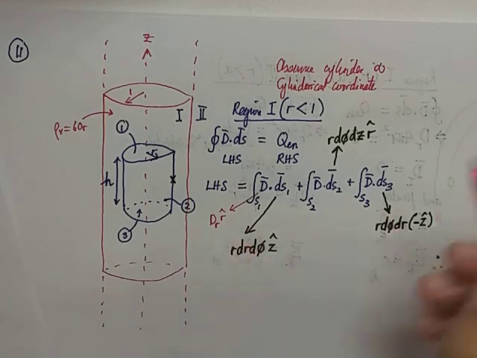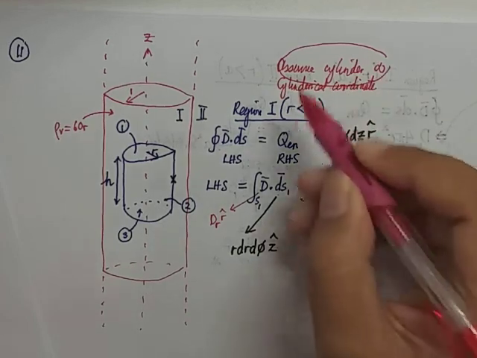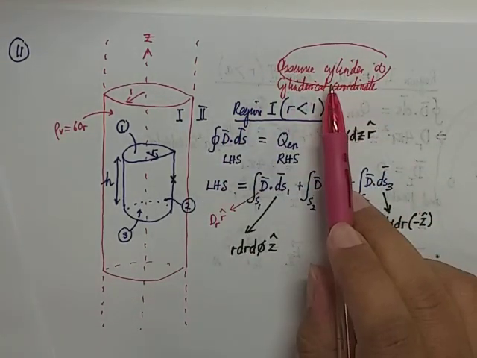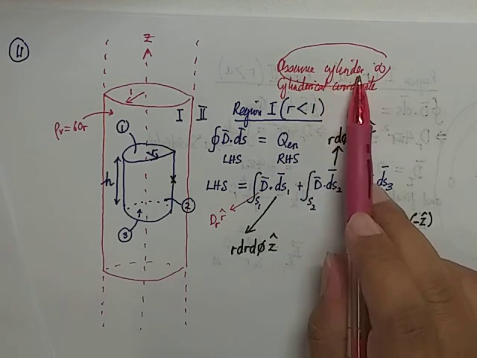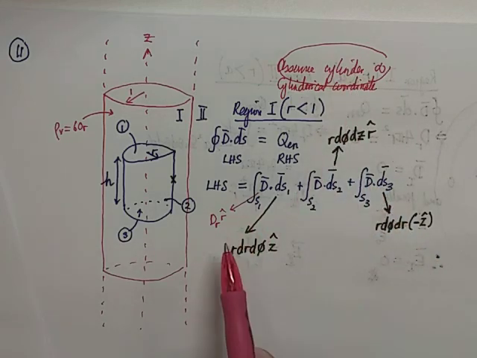So that is important. This is the reason why this result behaves as such: because we assume the structure is infinitely long, the D has a special behavior, which is only in the R direction.